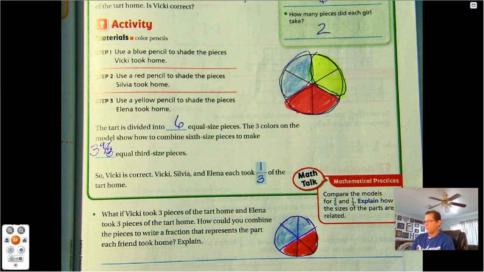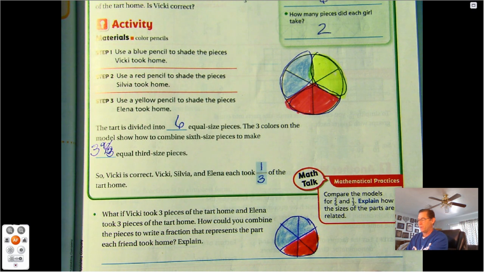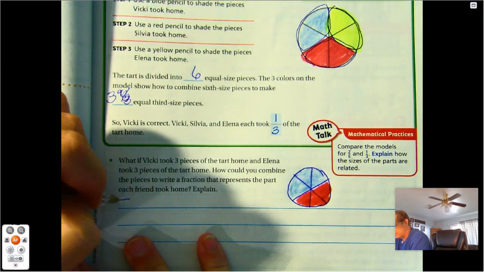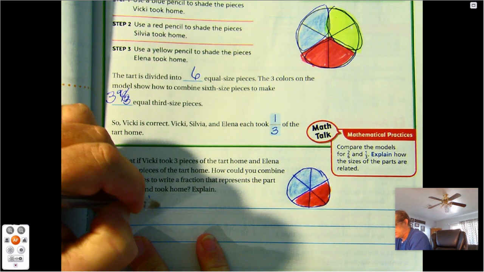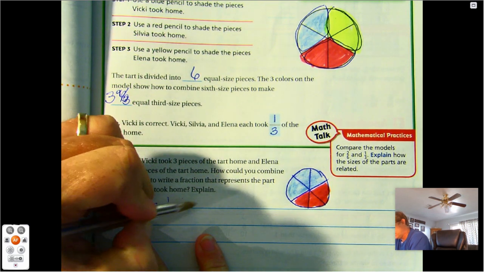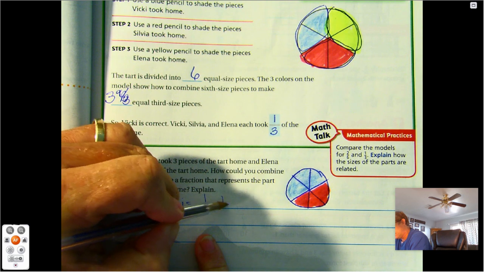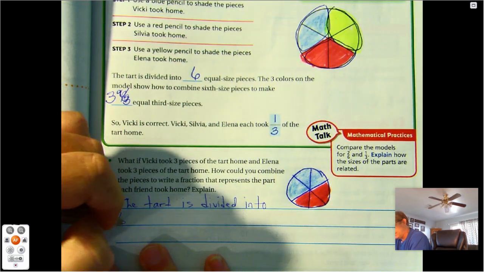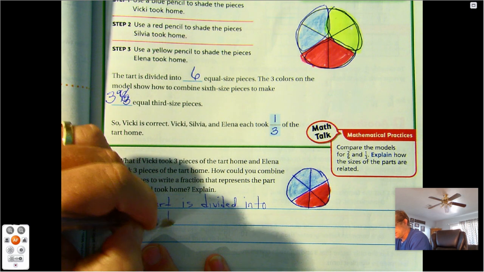So this time, the tart was divided into 6 equal sized pieces.